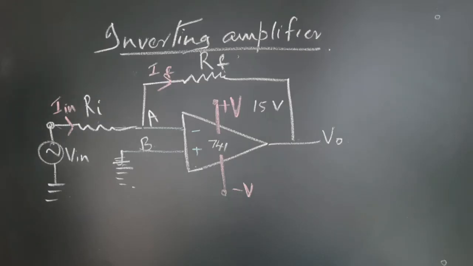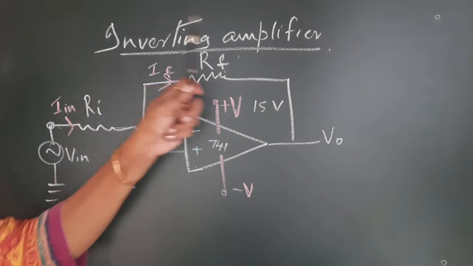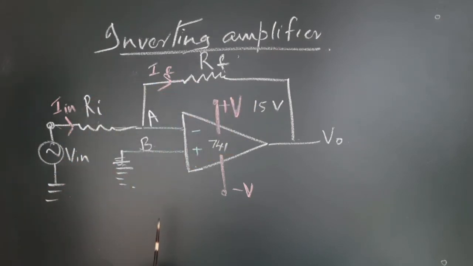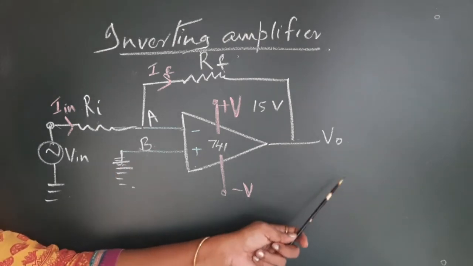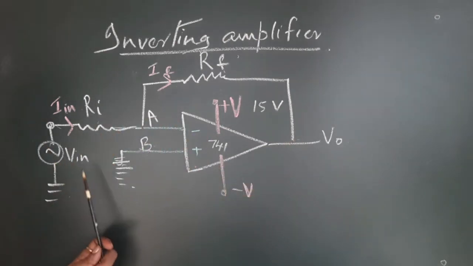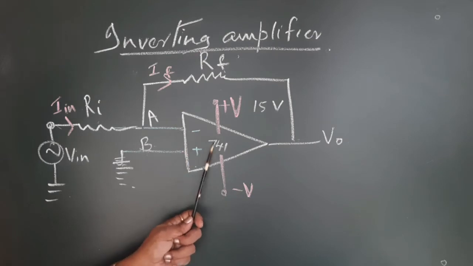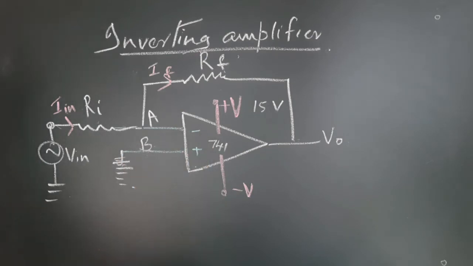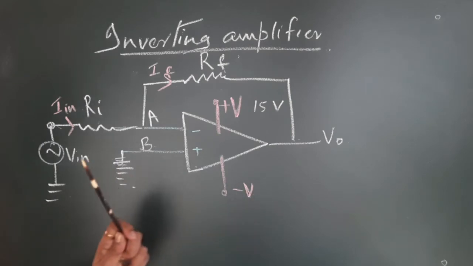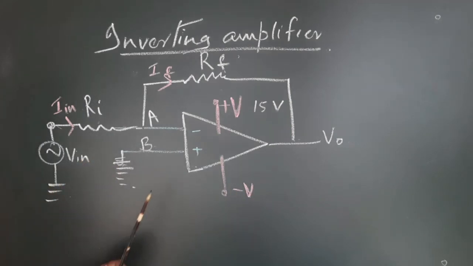Now, let us look into this inverting mode of amplification of op-amp in detail, and let us see what will be the output voltage in this inverting mode of operation. So, once again, this is the op-amp IC741, for example, with plus VCC 15 volt, minus VEE 15 volt.